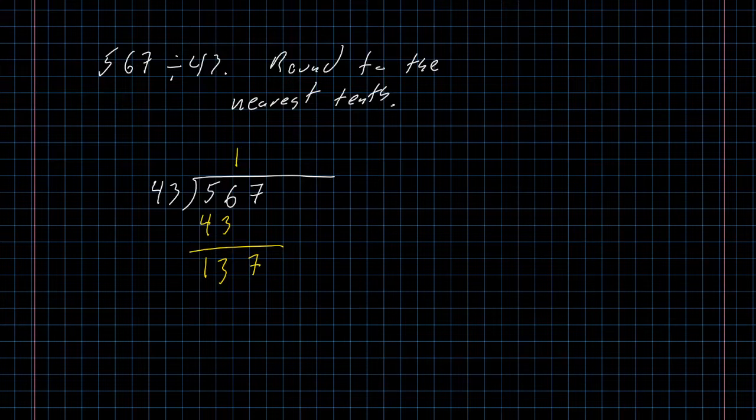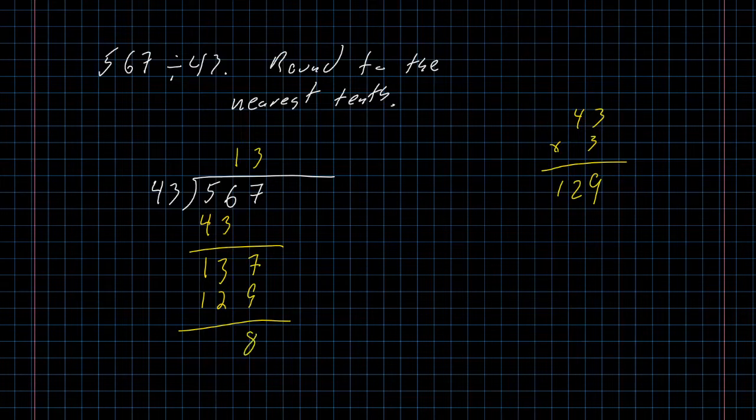So let's try 43 times 3 and see if it works. We might get lucky. 3 times 3 is 9. 3 times 4 is 12. And yeah, that looks like that'll work. 43 fits into 137 3 times. 3 times 43 is 129. And when we subtract that off, we get 8.